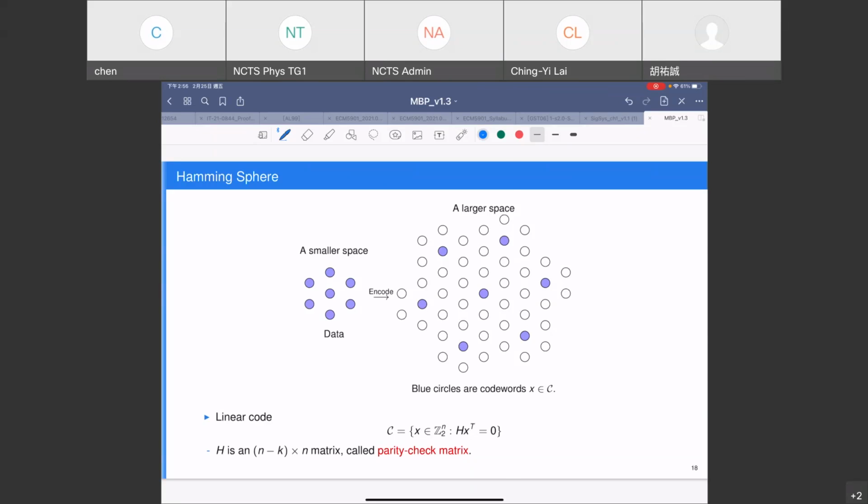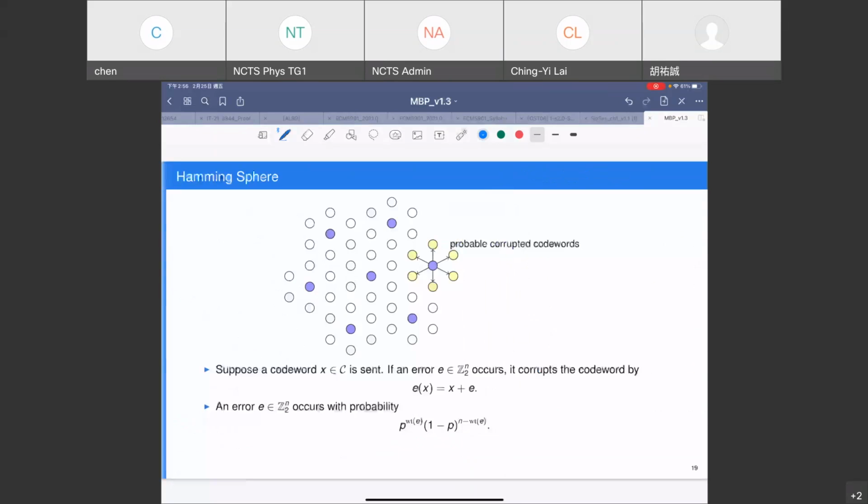So when the error rate is not too much, when you see this yellow point, you will feel that it is from this blue one. It cannot be from this one, right? Because this is too far, and this is very close to this one.